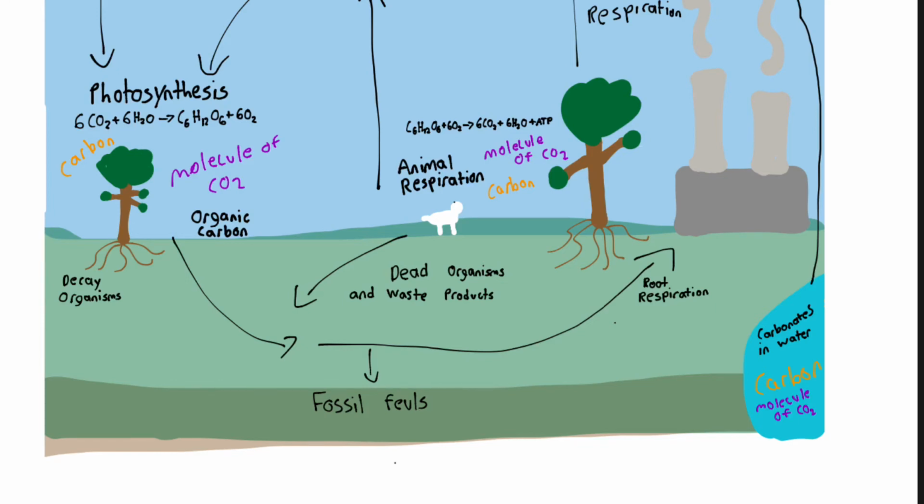Now, fossil fuels contain carbon, and they're also used up by these factories in the chart, which we'll talk about in a little bit. As you can see in the bottom right hand corner of the chart, we have the area of water, and these carbonates in the water contain carbon through the molecules of CO2, and these molecules of CO2 will rise up into the atmosphere.